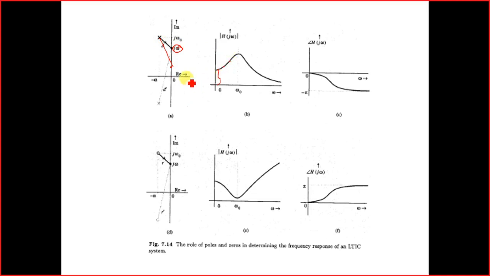Up to when will it increase? It will increase up to a critical frequency omega 0, which is also regarded as the central frequency. Okay, so at this position, at j omega 0, what would happen? The distance would be the minimal. So the 1 by d factor would become high. So at omega naught we will have the highest amplitude.